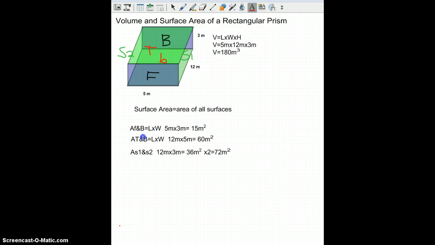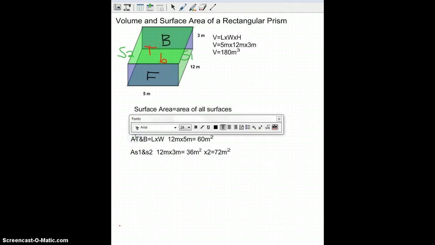And you can do that for each one of these. So here you've got 60 meters times 2, and that gives us a total of 60 times 2 is 120 meters squared.